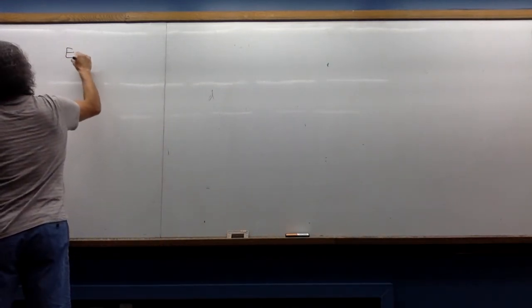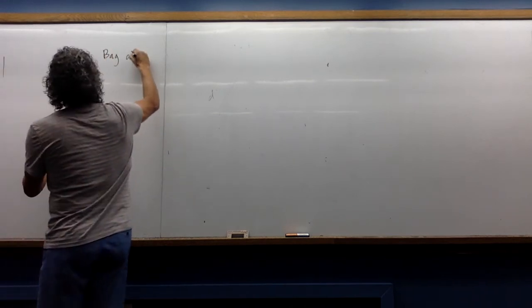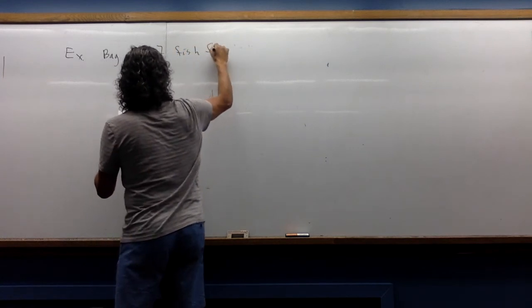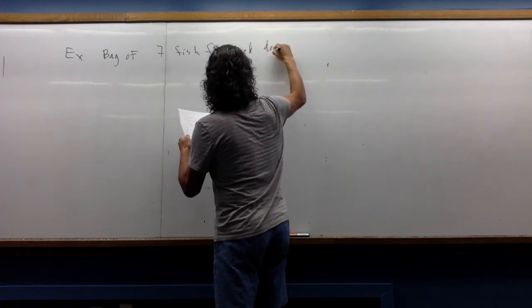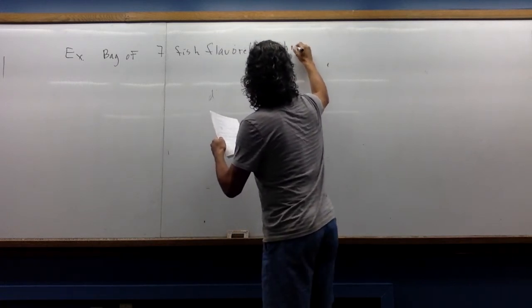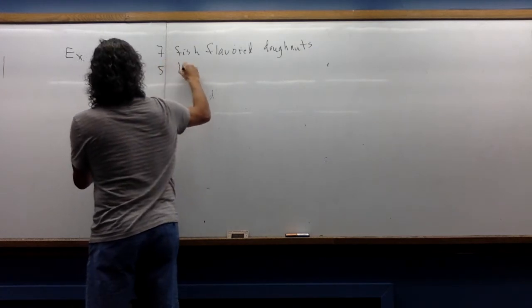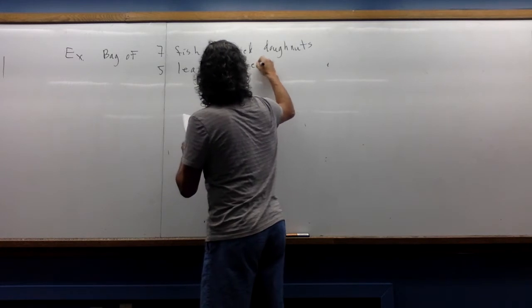So example, let's say you have a bag of 7 fish-flavored donuts. Yummy, yummy, yummy. And ooh, these are my favorite. 5 lead-flavored donuts. Getting hungry.